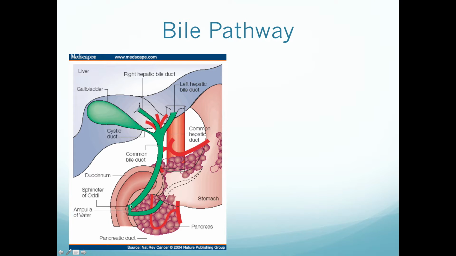When that fills, the remaining bile can come and fill up the gallbladder. And the duct that leads to the gallbladder is called the cystic duct. So the cystic duct leads to the gallbladder, which can store even more extra bile. I want you to also notice that the common bile duct converges with the pancreatic duct. So this would be the pancreas here, right below the stomach.